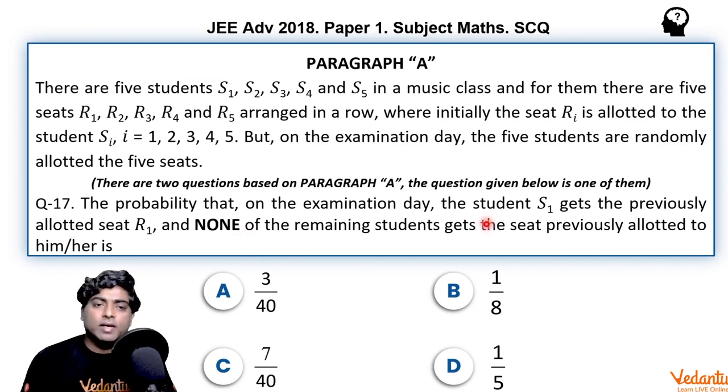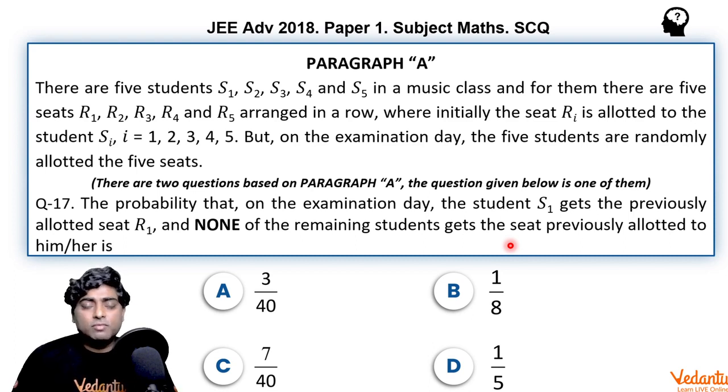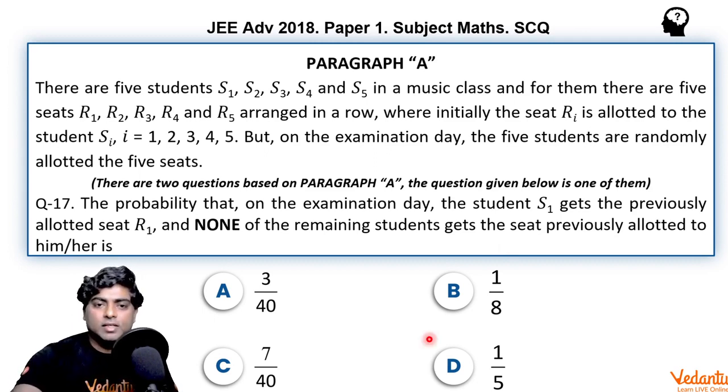Means we have to find the probability that S1 goes to its own place, but none of S2, S3, S4, S5 go to their original seats, respectively R2, R3, R4, R5. So this is a clear-cut problem of derangement of 4 things, not of 5 things, because S1 takes its original place now. So there is only one choice for S1, that is R1, and for remaining 4 we have to derange 4 things.